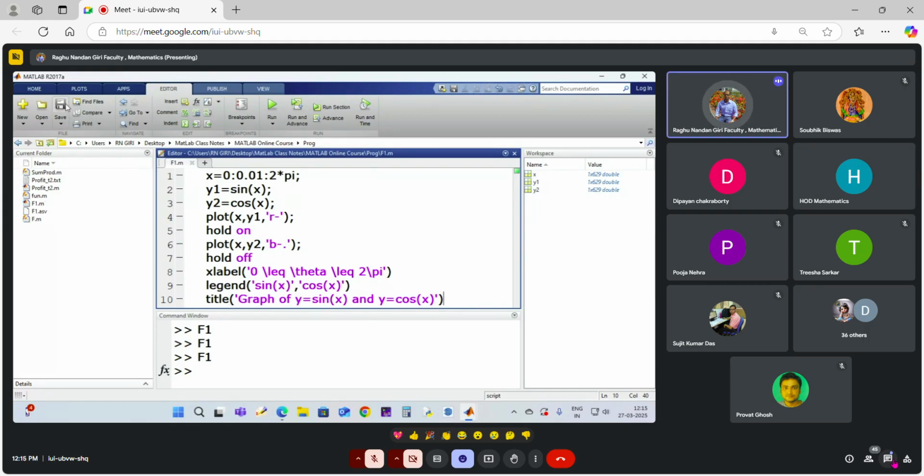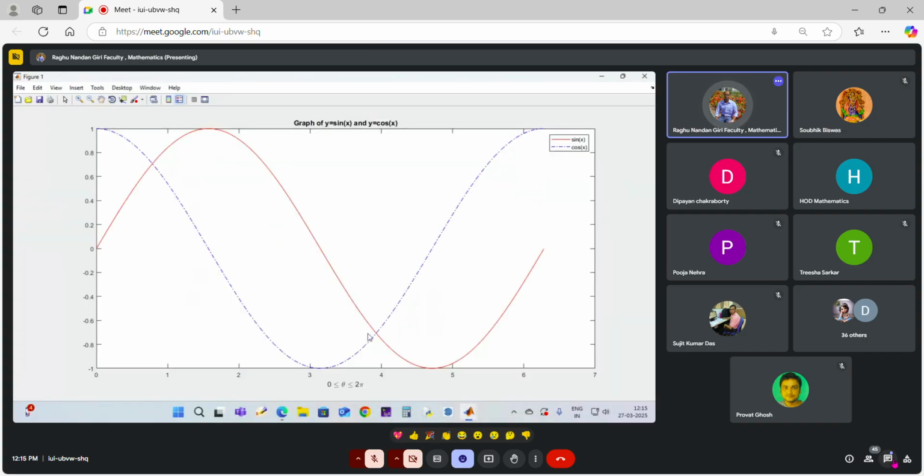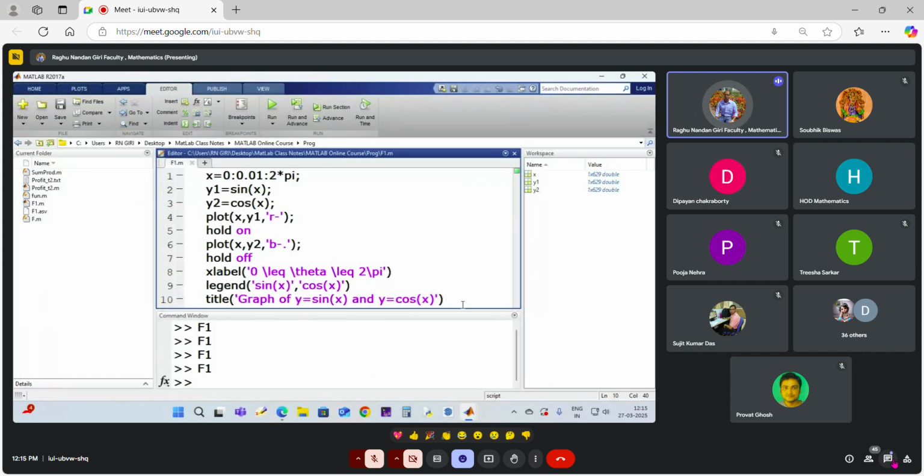See, after I run this script, the title appears at the top of the figure. Then there is a command hold on.